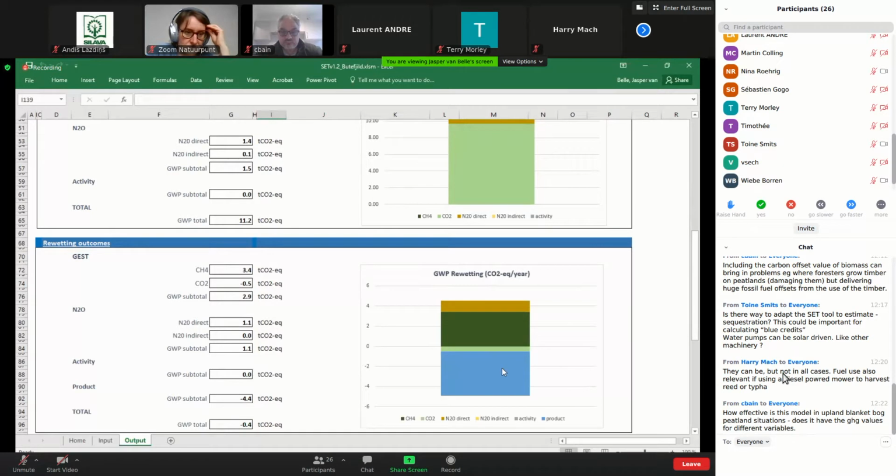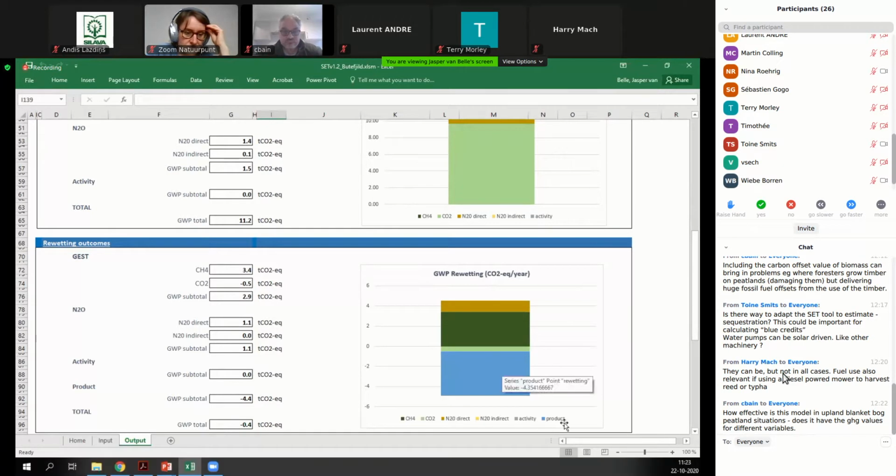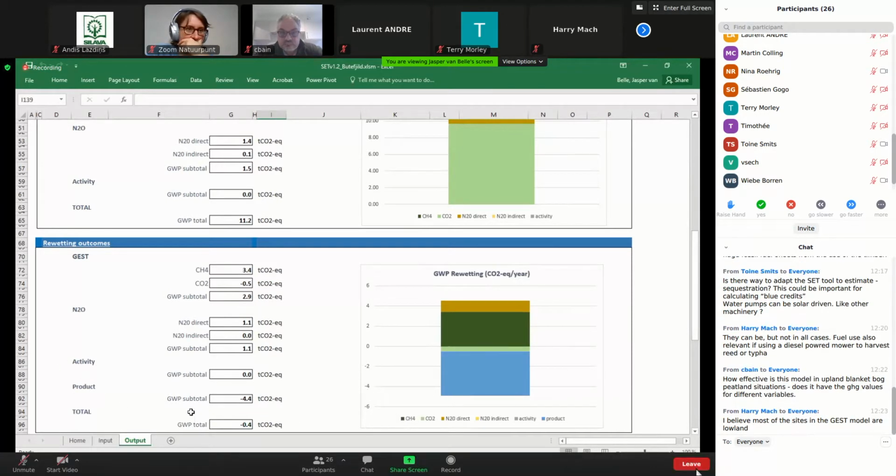This wasn't included in the baseline, but in the rewetting outcome it shows you how much you are saving by the application of your biomass. So the net result of all this for this site is that it turns from around, let's say, 11 tons CO2 equivalents for the entire site per year in emissions to minus 0.5.